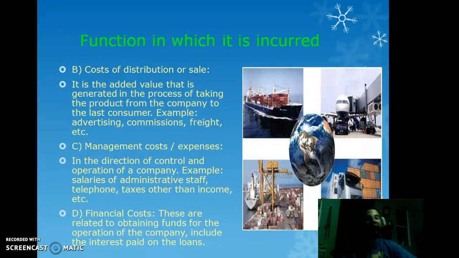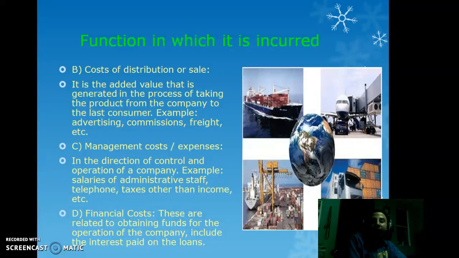Functions in which it is incurred. On this point, we can find costs of distribution or sale. In this one, we can find freight. What is it? The costs required to transport a specific product or some products by car, by truck, by plane, by train, by crane, by ship, in any transportation.